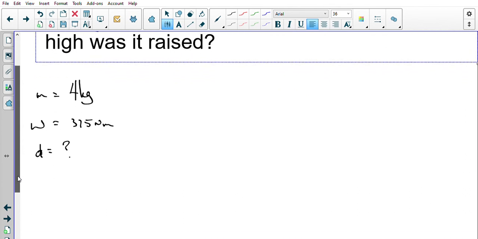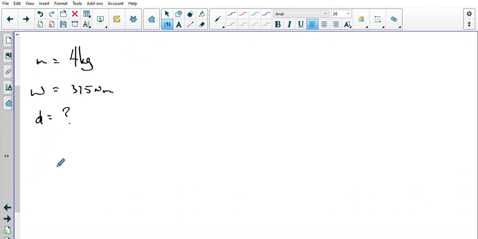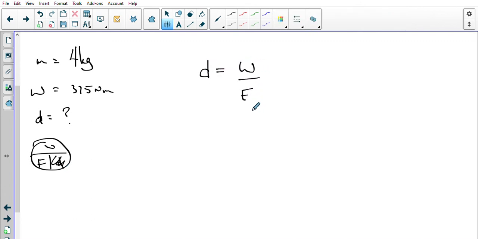Okay. Well, we're dealing with work and distance, so we have the idea of work, force, and distance. And we're looking for the distance, so distance is equal to our work divided by our force. Our work is 375 newton meters, and our force, we don't have a force.